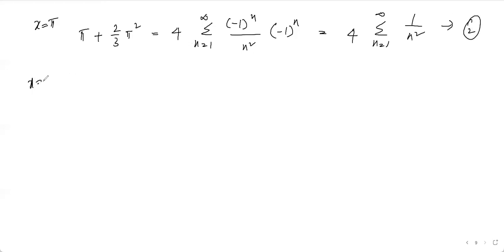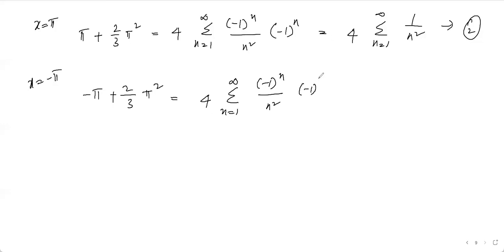Now let us substitute x as minus pi. This is minus pi plus 2 by 3 pi square and 4 summation n is equal to 1 to infinity minus 1 to the power of n by n square. This is cos of pi, which is minus 1 to the power of n. Again, this results to 4 multiplied n is equal to 1 to infinity 1 by n square. So let us keep this result as 3.